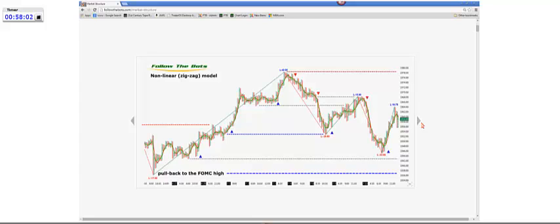It's been around for quite a period of time. And as you can see, the way we have it laid out here, it shows you the duration of the swing opportunities.